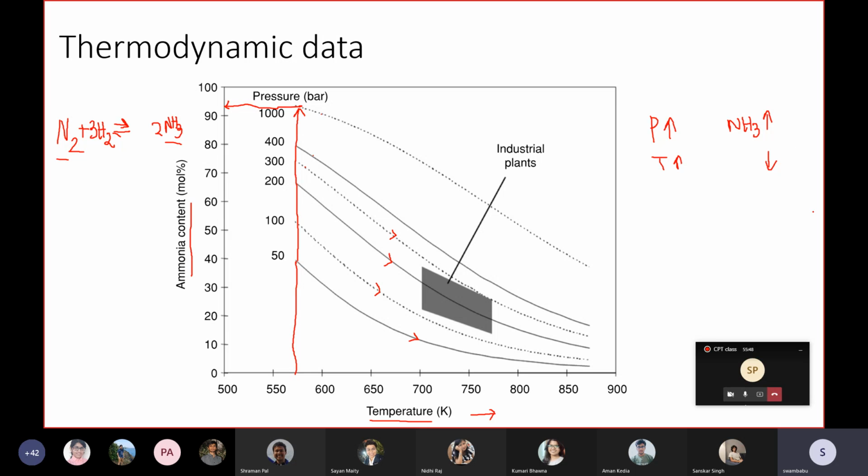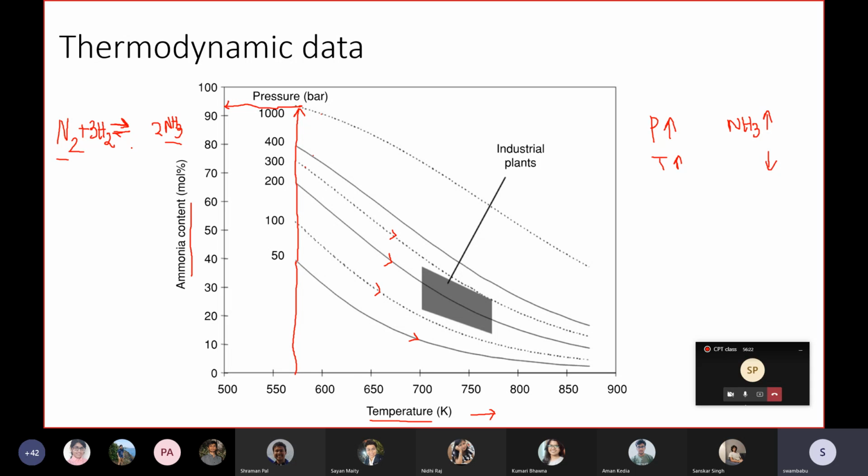Very simple. We have the forward reaction and we have the backward reaction. Always remember, whenever we have a reversible reaction, high temperature favors the backward reaction.